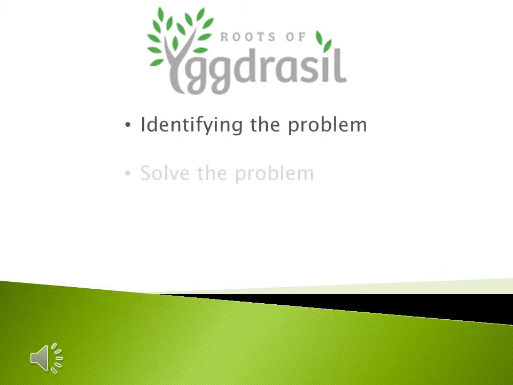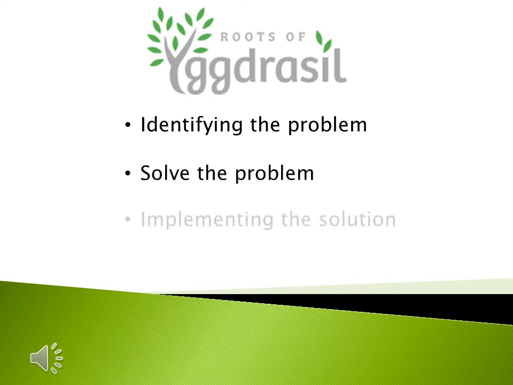Solving the problem through the use of a corrective program design, using the corrective exercise continuum, a systematic plan that outlines the necessary steps needed to properly structure a corrective exercise program designed to address the imbalances found during the initial assessment. Finally, the third step is implementing the solution through a combination of exercise techniques, ranging from foam rolling to complex movement patterns, which we call integration exercises.